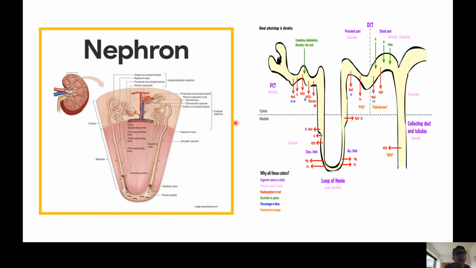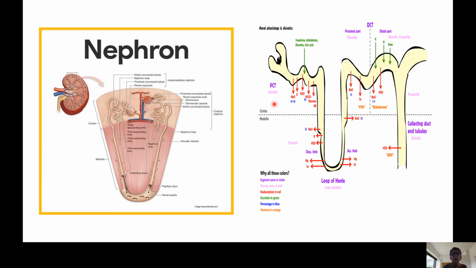So as we're looking at this, this is the proximal convoluted tubule, PCT. The section or segment name is in purple or violet, so that is the proximal tubule, and that's over here, and the type of diuretic that acts there sometimes is an osmotic diuretic.